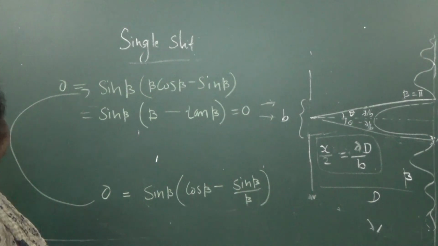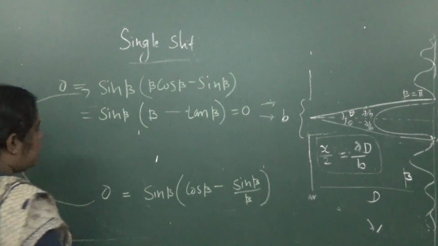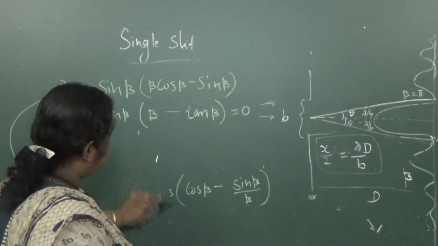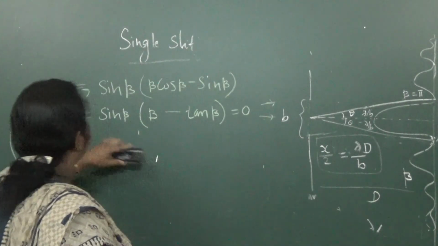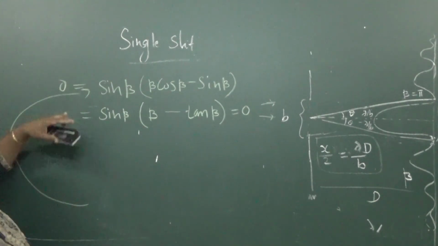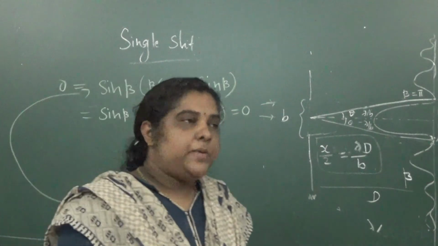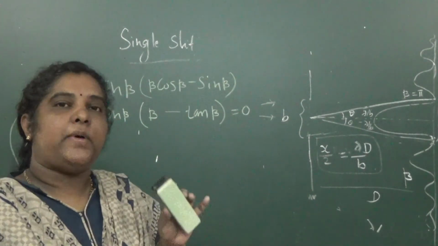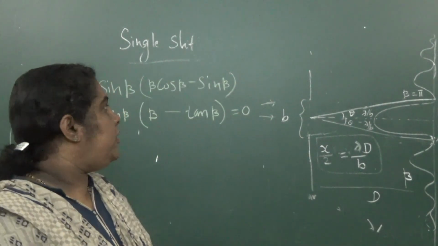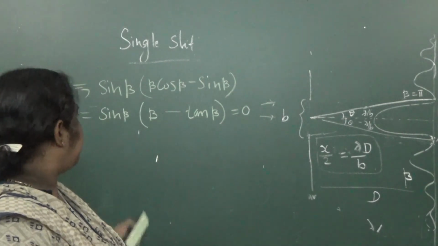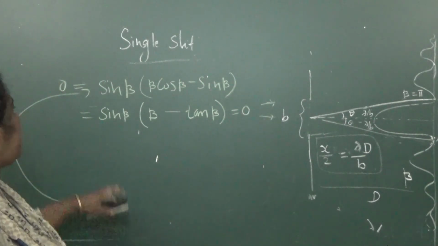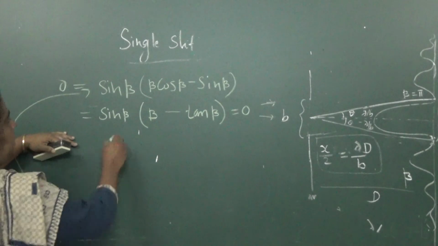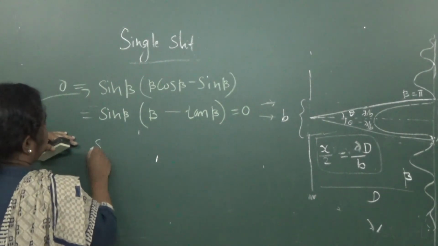So this is 0. So I know this is the condition for either maxima or minima. That means di by d beta is equal to 0 for maxima and minima. So we don't know whether it is minimum or not. But we already see that sin beta is equal to 0.